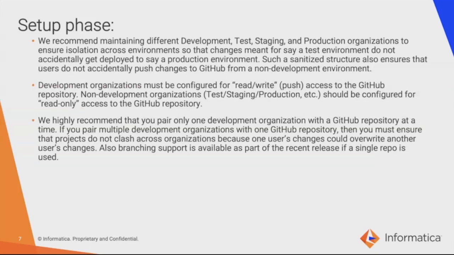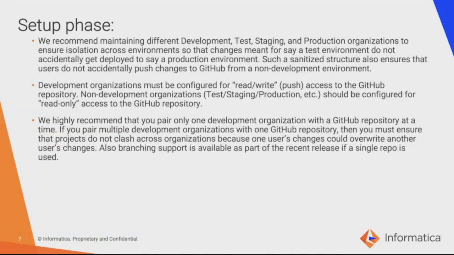All right. The other thing that we want to point out is you would typically want your dev orgs to be connected to a single Git repository. If you have multiple dev orgs, and if they're all pointing to the same GitHub repository, for example, you're going to have a lot of inconsistency, overwrites, and so on.